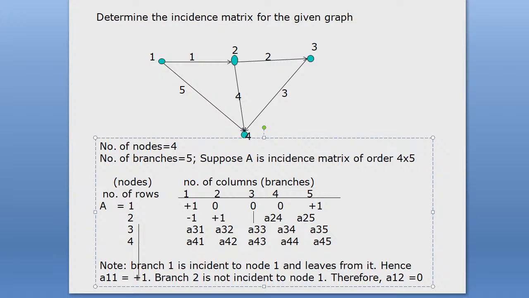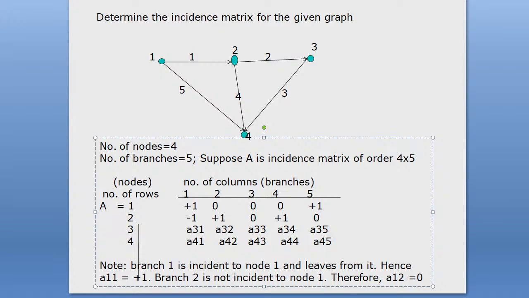And A24: branch 4 is connected to node 2 and leaves from node 2, so it will be plus 1. And A25: branch 5 is not connected to node 2, so it will be 0. Okay, any doubt?